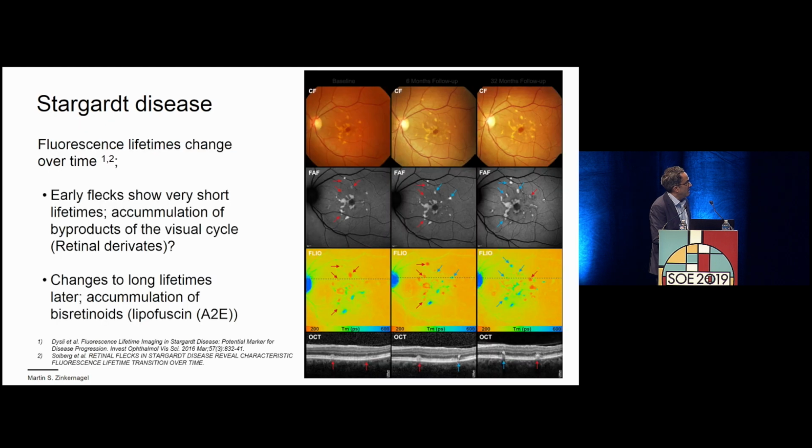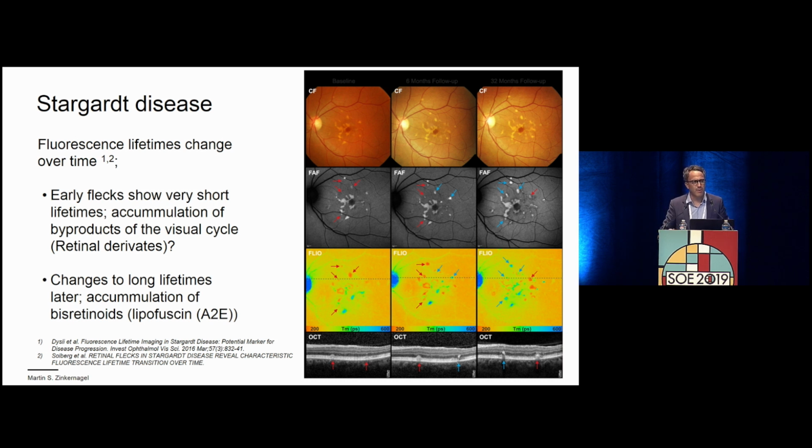And this may again be an indication that we have two kinds of stages in these flecks, namely very early flecks with short lifetimes, which would represent accumulation of byproducts of the visual cycle, possibly retinal derivatives, and long lifetime flecks, which represent accumulation of lipofuscin, which are at the more advanced stages.